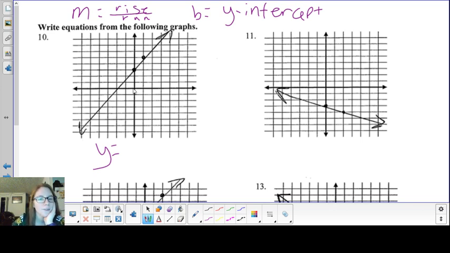I start at 1, 2, 3. So my y-intercept is up 3. To get from my first leftmost point, which is the 0, 3, to the next point, I go up 2, to the right 1. So if my slope is up 2 over 1, that's equal to 2. So I have 2x plus 3.